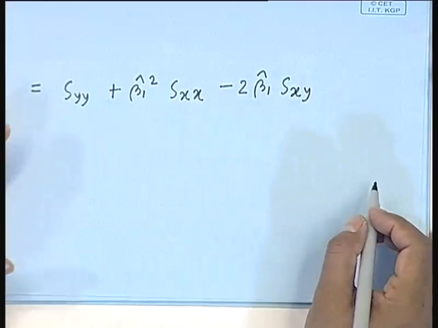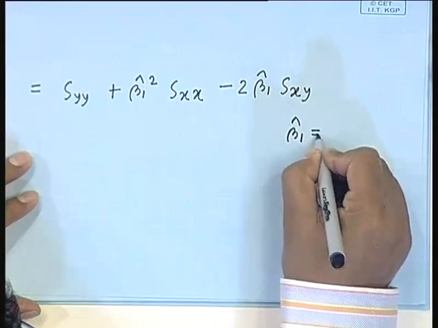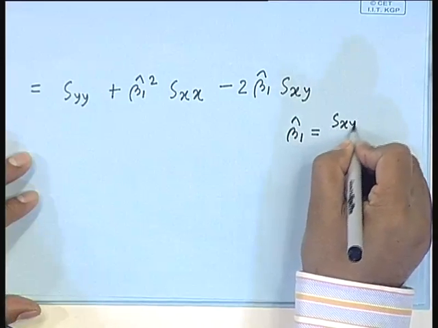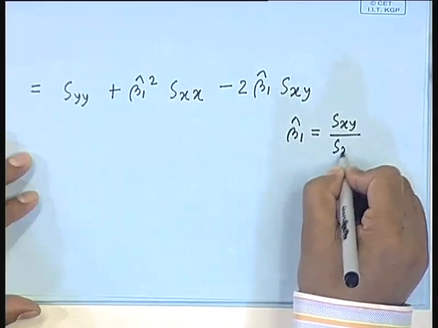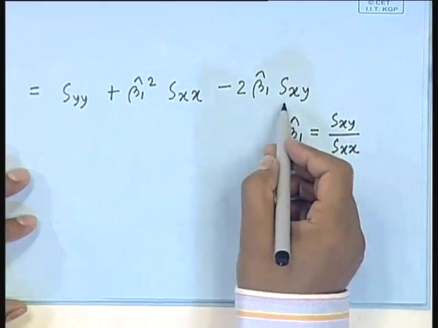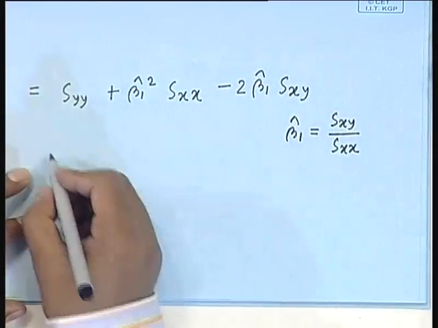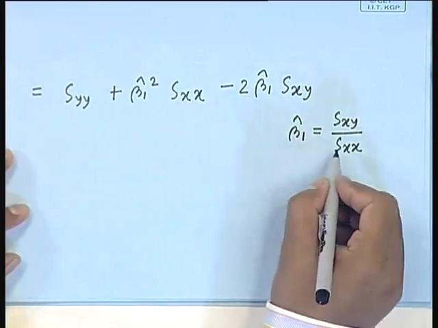Now, see, we know that beta 1 hat is equal to SXY by SXX, right. So, what I will do is that I will replace this SXY by beta 1 hat into SXX.